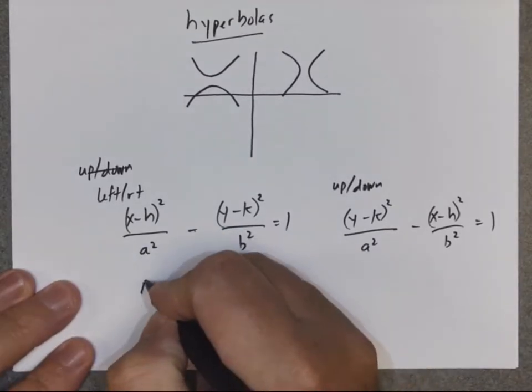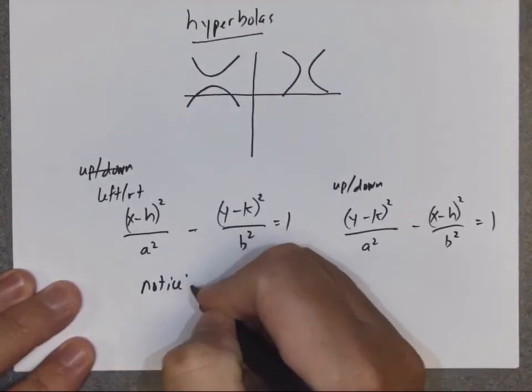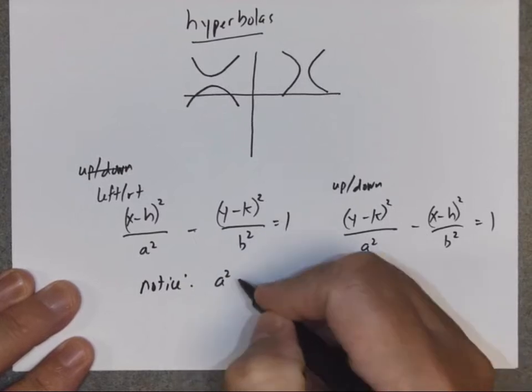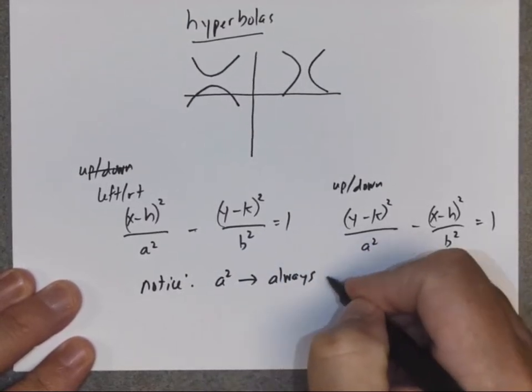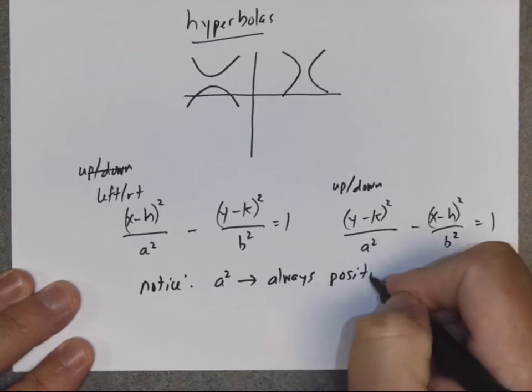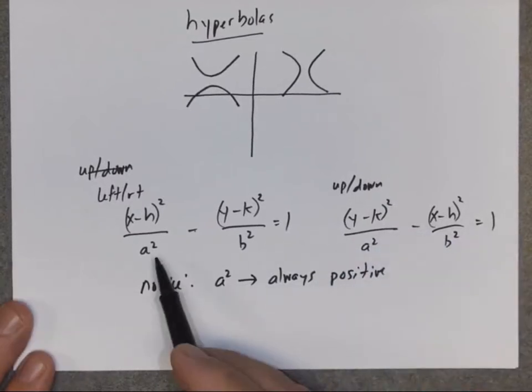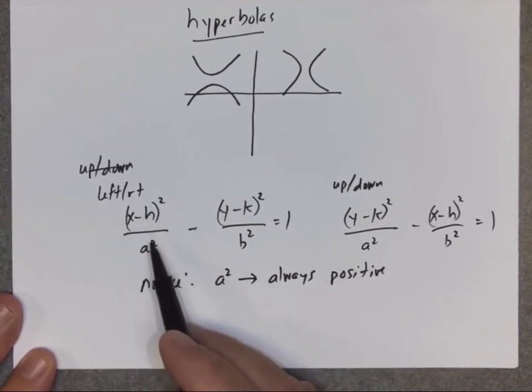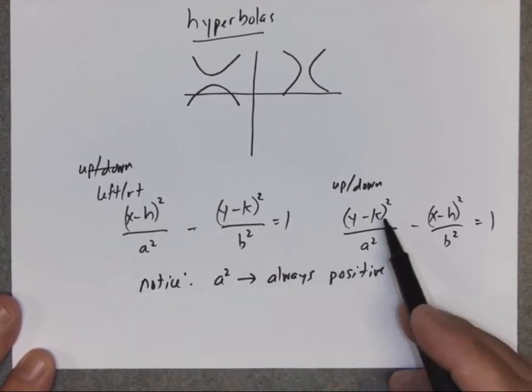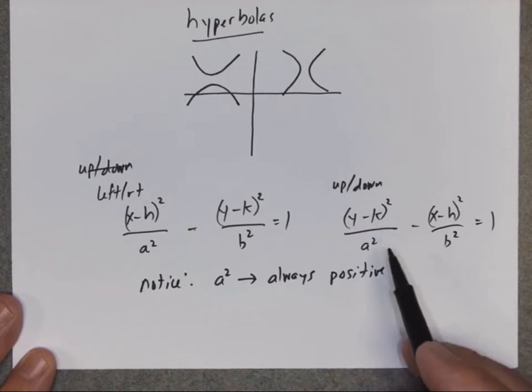Notice what's key. A squared is always positive. So in this case, since the x is like the first term, the a squared's here. Over here, the y is the first term, but the a squared is still here.